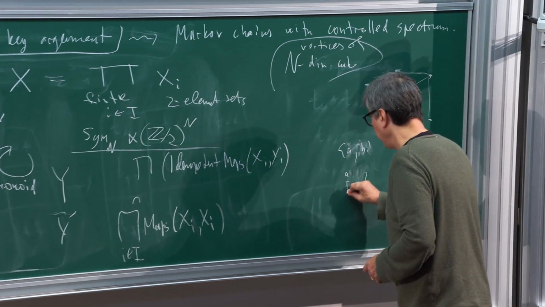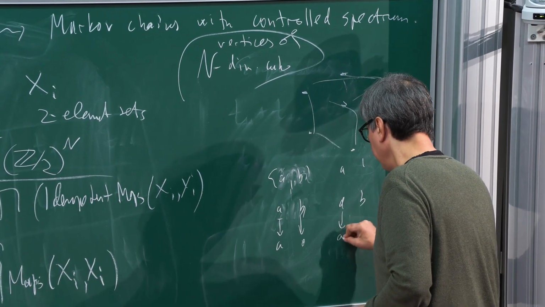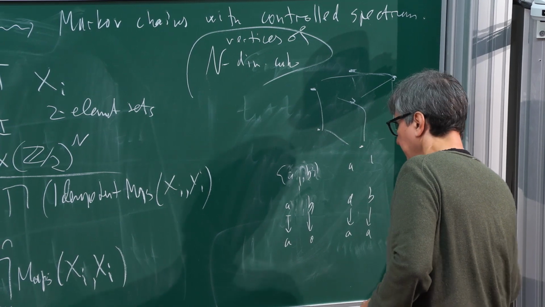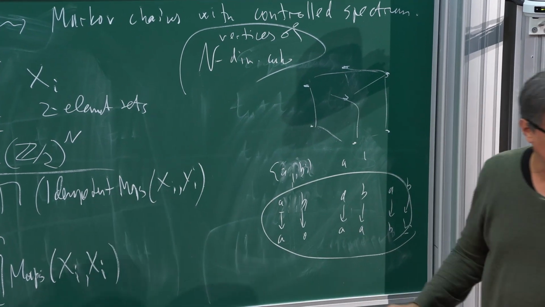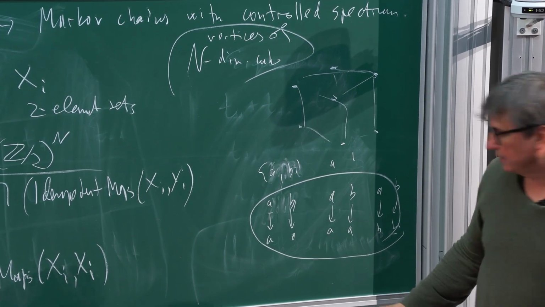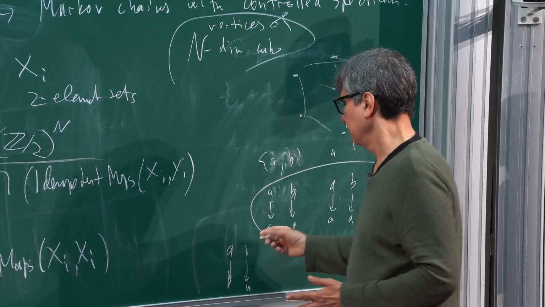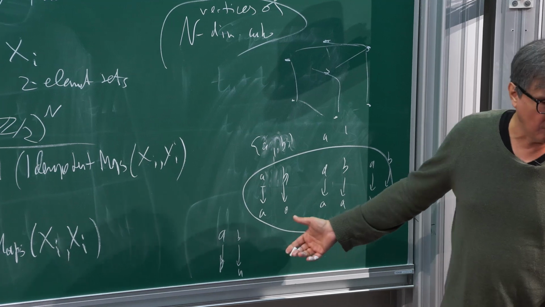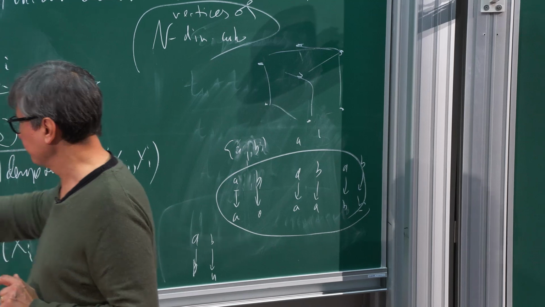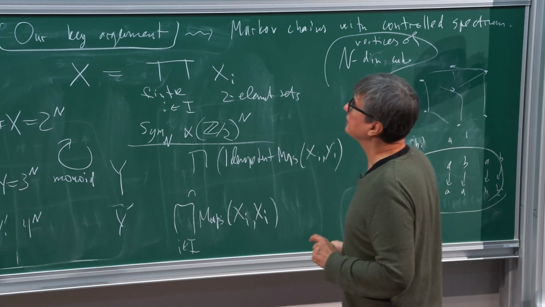Then you can map A to A, B to B. Or you can map A to A, B to A, or A to B, B to B. These are the maps which are idempotent, and their compositions belong to this. And also you can swap: A goes to B, B goes to A. And that will be all 4 maps. It doesn't matter which I choose, but in practice, this smallest thing is sufficient.